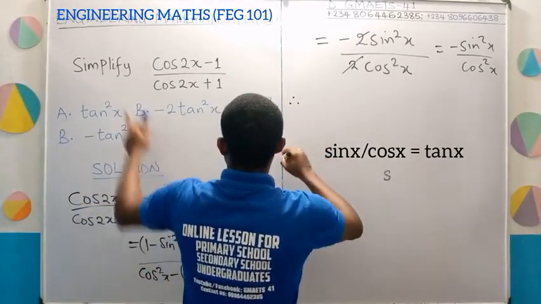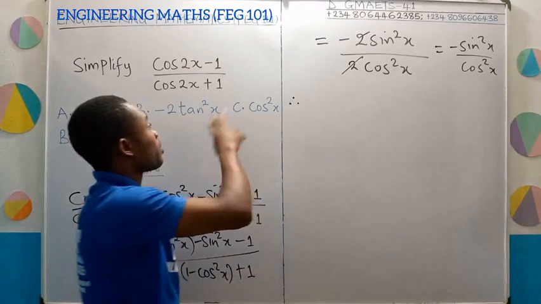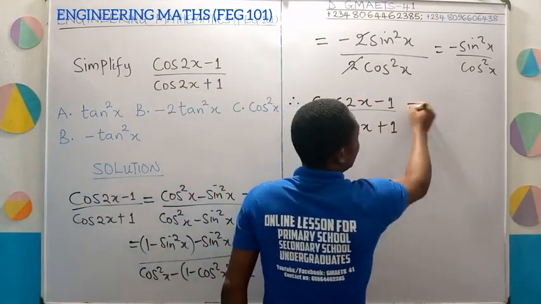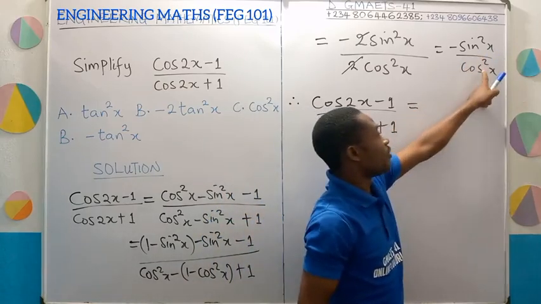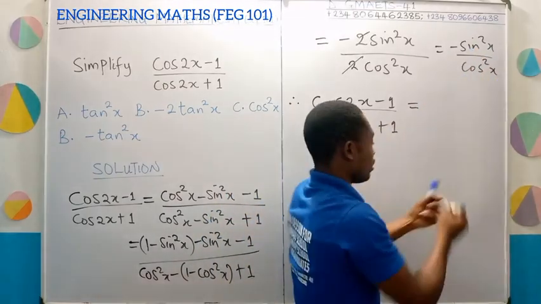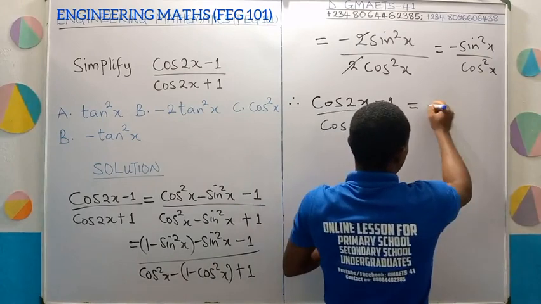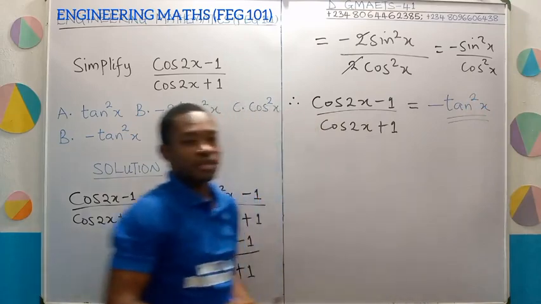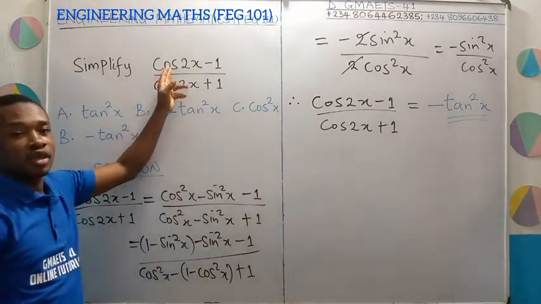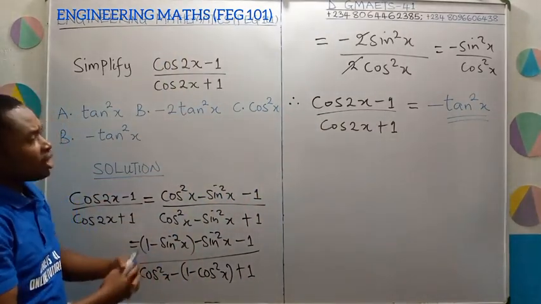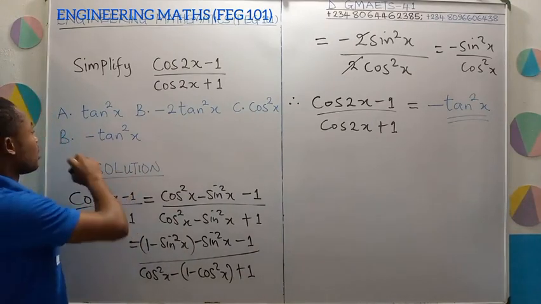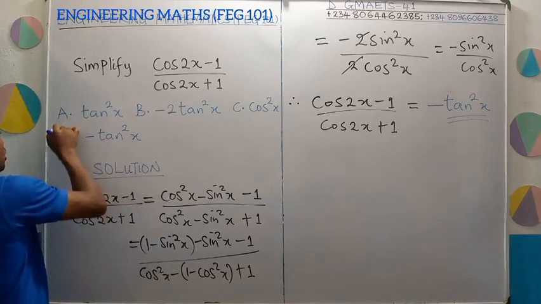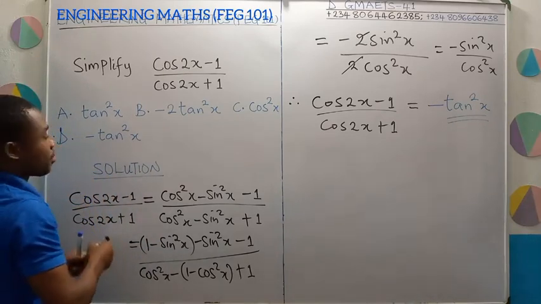So we can conclude the problem given to us, cos 2x minus 1 all over cos 2x plus 1, would be equal to this over this, which is tan square x, and you've got minus there, and so that is going to be minus tan squared x. And of course, this is the simplified form of this trigonometric function given to us. You would agree with me clearly that the result here tells us that this is option D, tells us that option D is the correct answer.